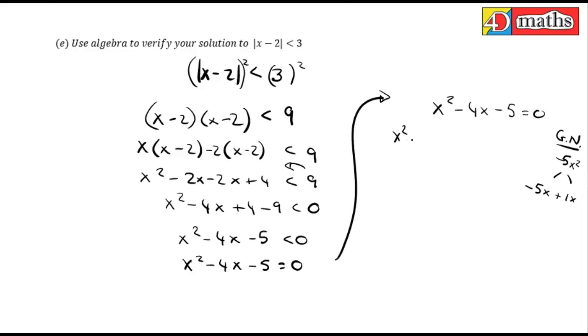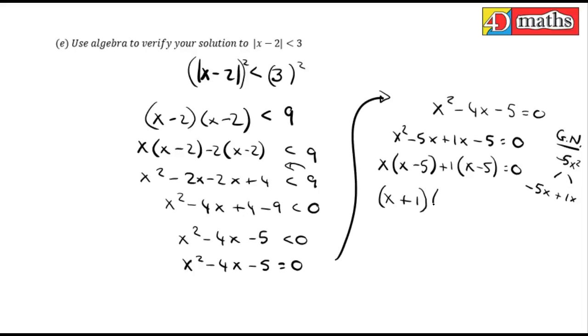So it's x squared minus 5x plus 1x minus 5 equals 0. Split in half: look at the first two, what's common? x(x - 5) plus 1(x - 5) equals 0. So we have two factors equal to 0: x plus 1 equals 0, so x is equal to minus 1. x minus 5 is equal to 0, so x is equal to 5.